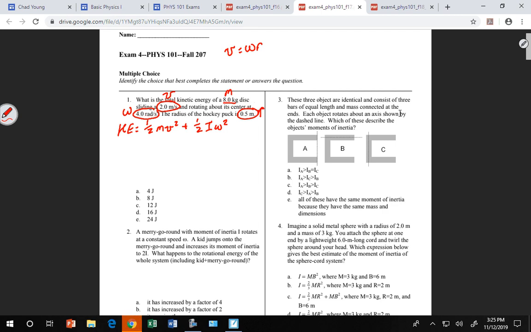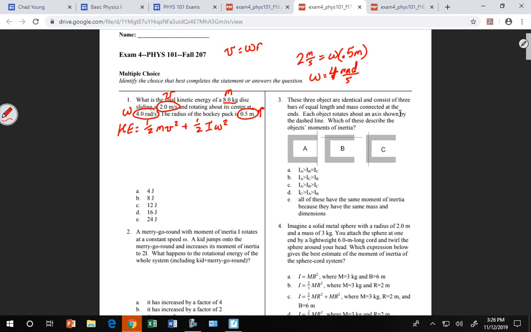But look, I don't need to give you that, because if I give you v, 2 meters per second, and I give you r, 0.5 meters, then you can figure out what omega is. Omega is 2 divided by 0.5, or 4 radians per second. If you look at other problems, you'll see that sometimes I don't always do that. But in this case, I did.